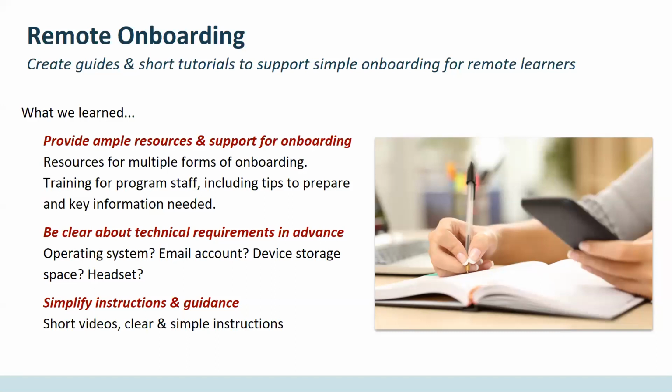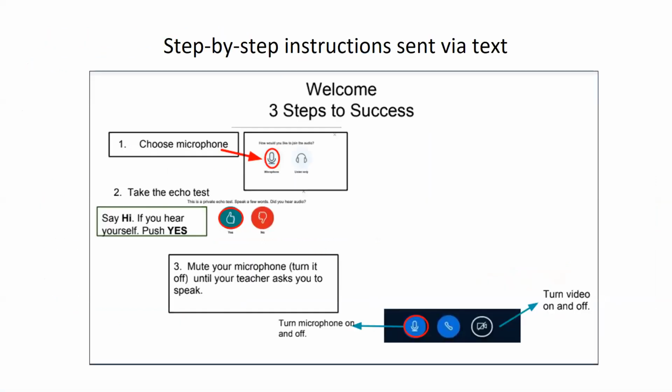So, what we've found to be really effective in our work is mobile messaging, and then also reinforcing key messages in the tool or in the virtual classroom. Some examples of that: these are the step-by-step instructions that we sent via text message to learners.